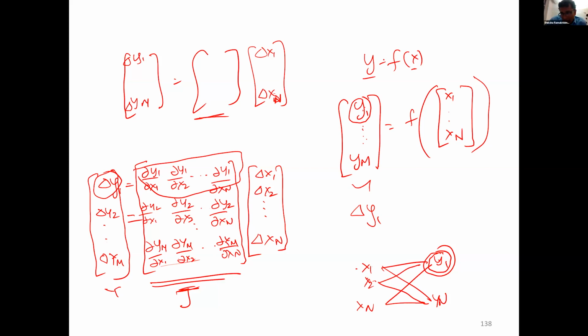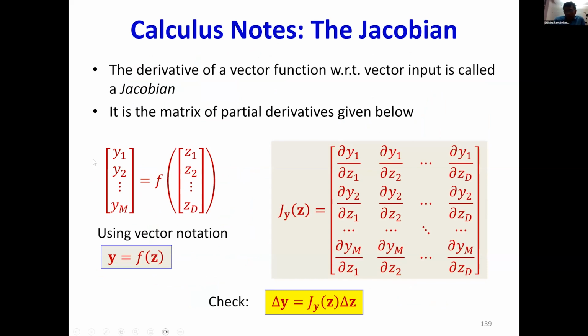Yes or no? Right. So we're going to use that, right? There's your Jacobian. The first row is simply the derivatives of y1 with respect to the z's, when y is a function of z over here. The second row is the derivative of y2 with respect to the z's, and so on.